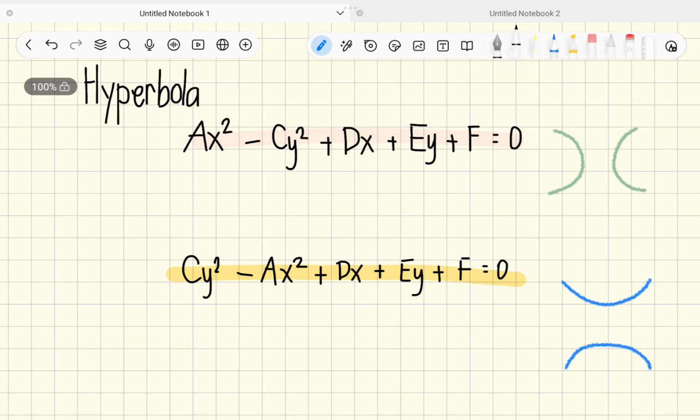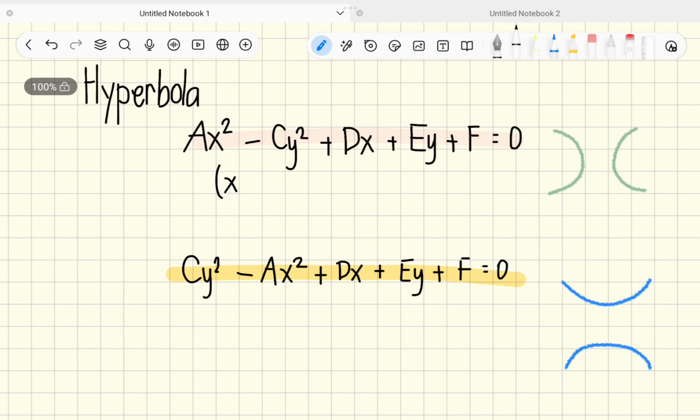Alright. And then in terms of the standard form of the equation, say the center is at (h, k), similar to that of an ellipse.